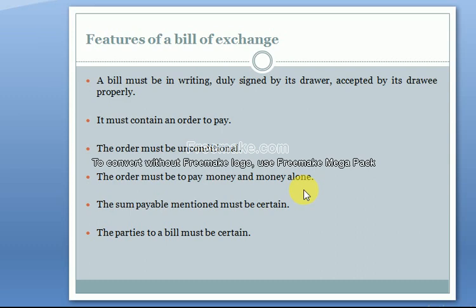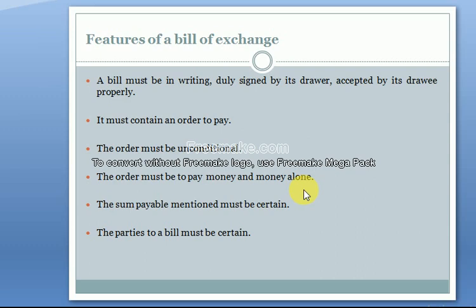Clear? So this bill of exchange will be known as a sight draft. In international trade, a sight draft allows an exporter to hold title to the export goods until the importer takes delivery and immediately pays the exporter.